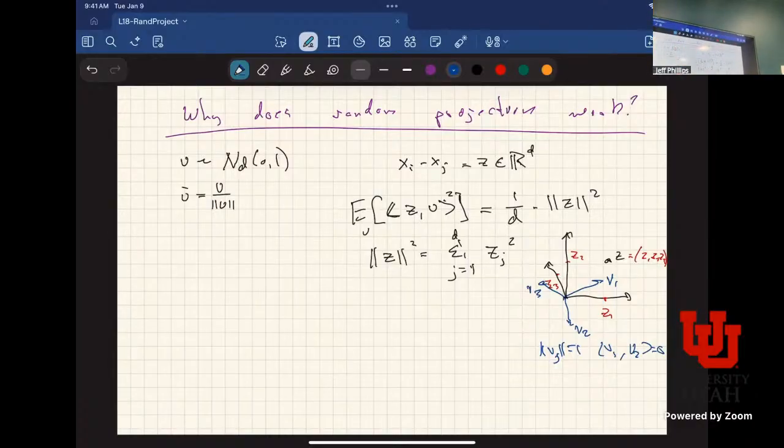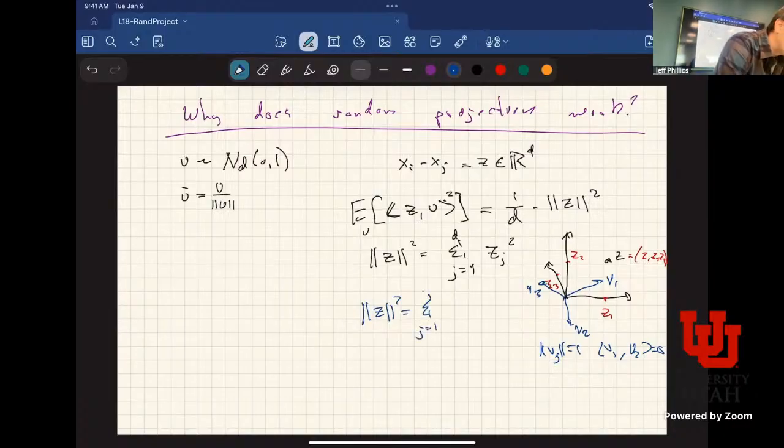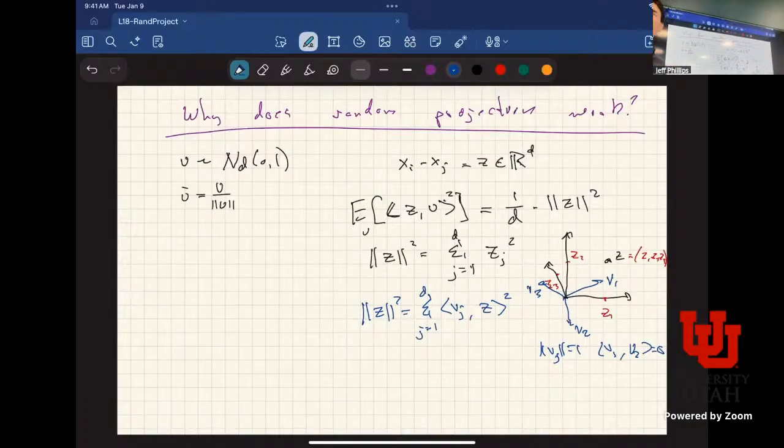Then I can also write the norm of z as the sum over j equals 1 to d of (v_j dot z) squared. So I can look at the length of the vector z by projecting it onto the blue coordinate system instead. As long as these are orthogonal vectors, I can write the norm in this way. I just change the coordinate system. This is a rotation of the space. The right singular vectors were an example of this.